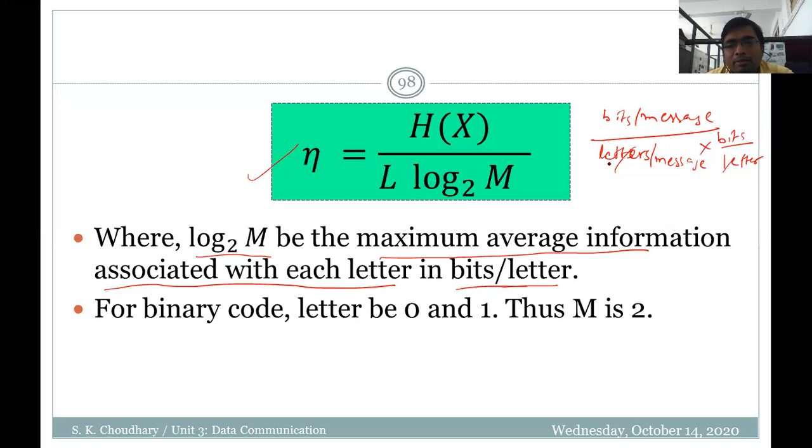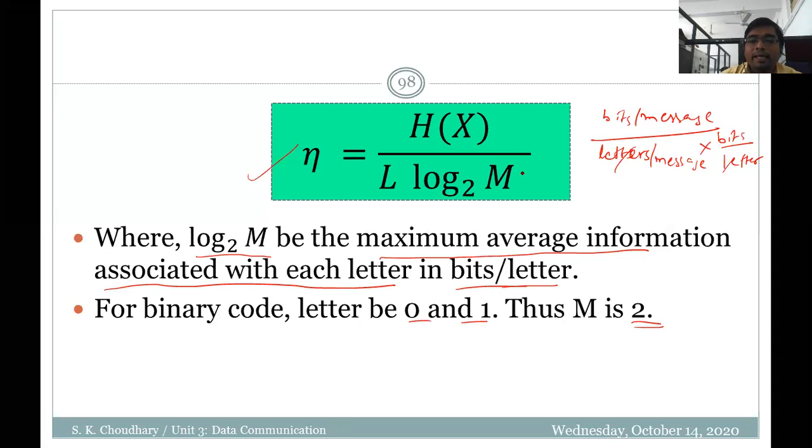Okay. Sometimes we refer to letters also as bits, but if you go into a detailed description of this information, letters and bits are a little bit different. So for binary code, letter would be 0 or 1, so M would be 2. So log base 2 of 2 is 1.